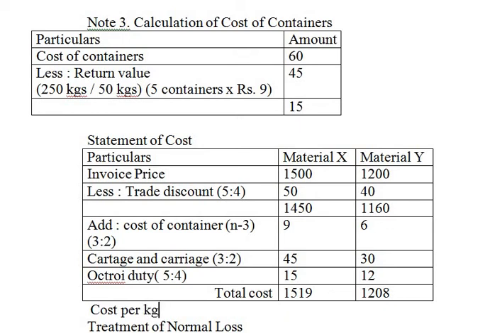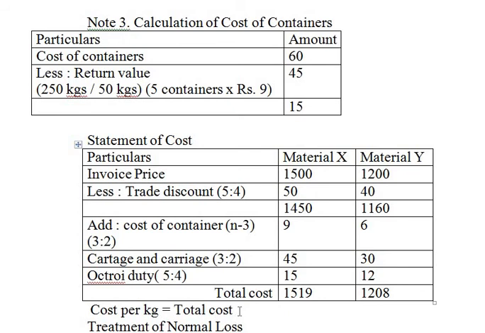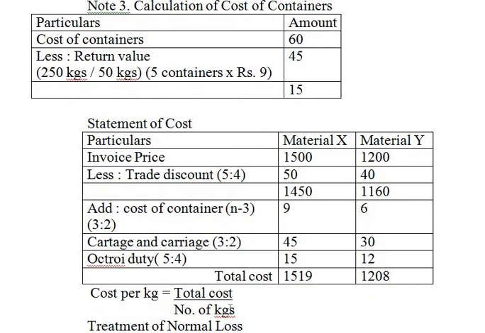The cost per kg formula is total cost divided by number of kgs. For both the materials we need to calculate.